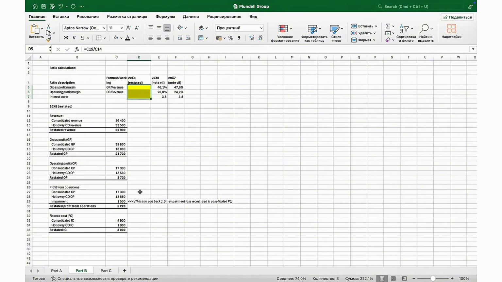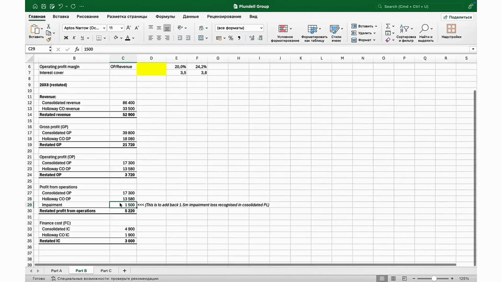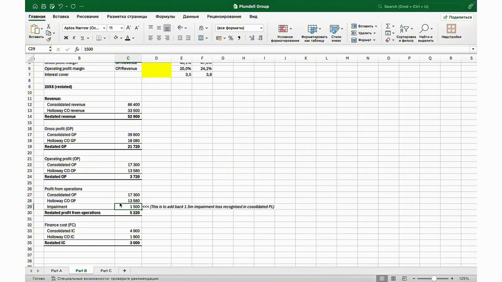Part B. We will recalculate ratios assuming Holloway Coal's disposal. We deduct Holloway's performance from every ratio input, with the exception of the profit from operations calculation.